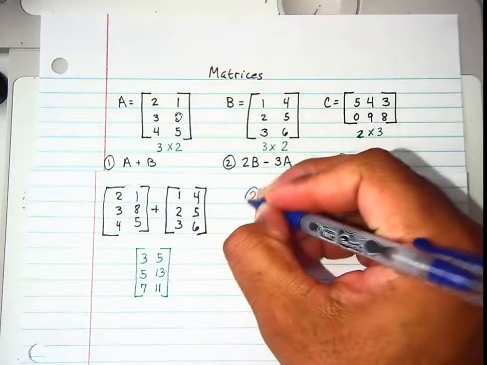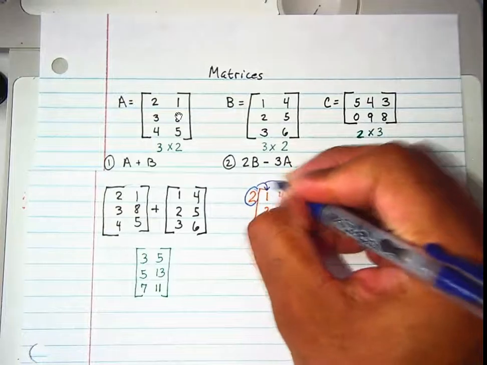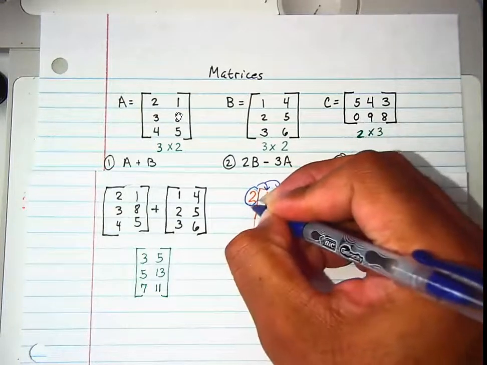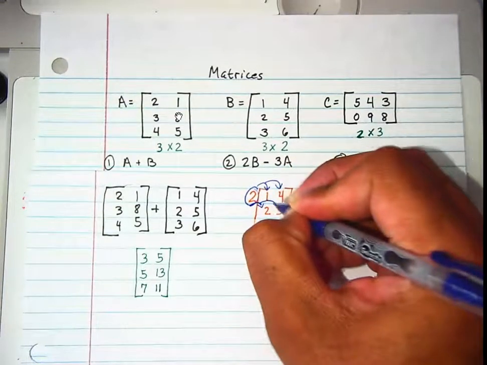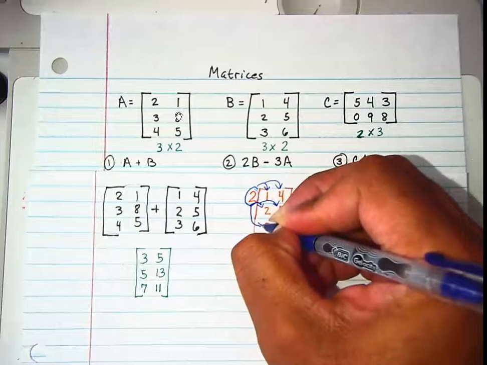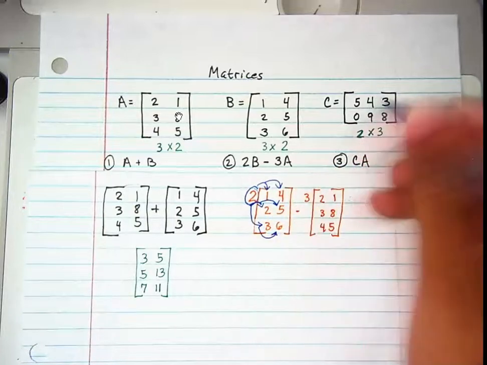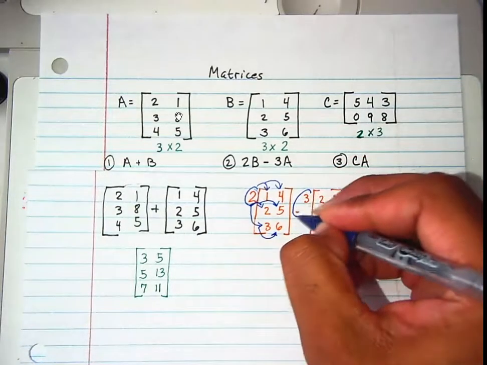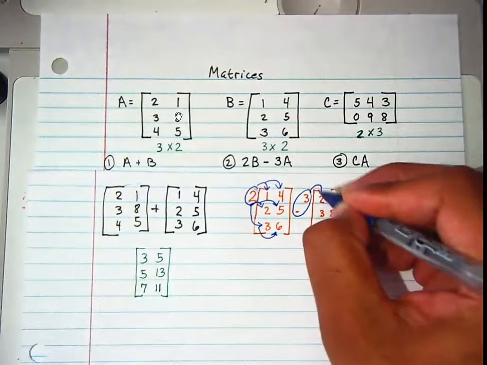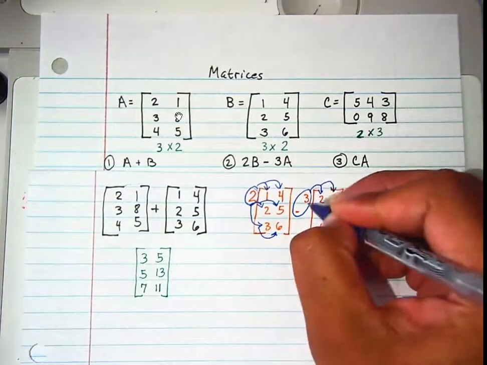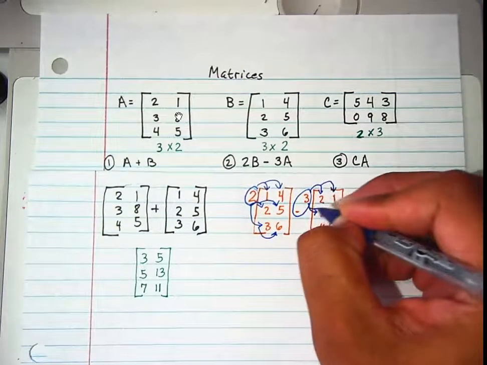So here we're going to multiply everything by 2. And then we're also going to multiply everything by -3 here, so we get rid of that negative and don't have to do it later on.